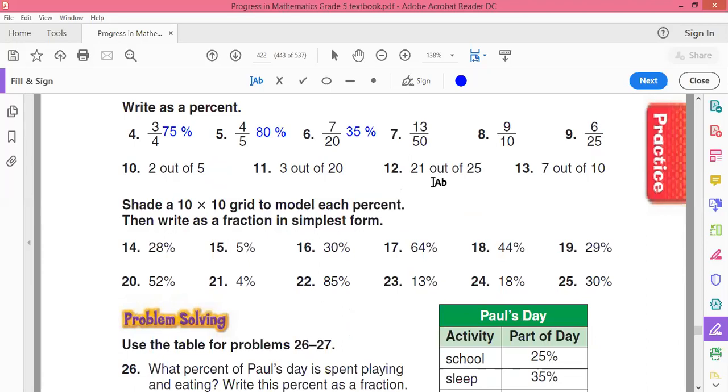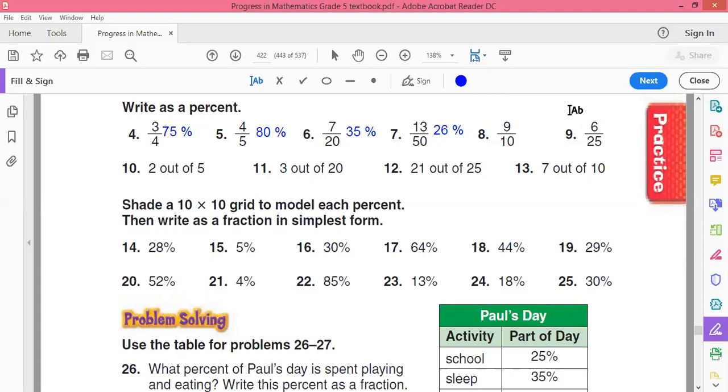We multiply 50 with 2, 100. Then we multiply 13 with 2. Okay. 13 times 2 equals 26. So you can say that it's 26%.